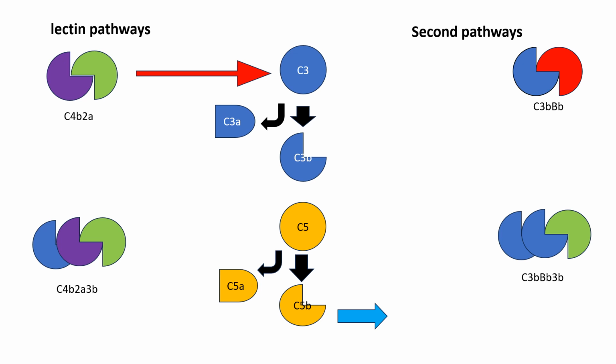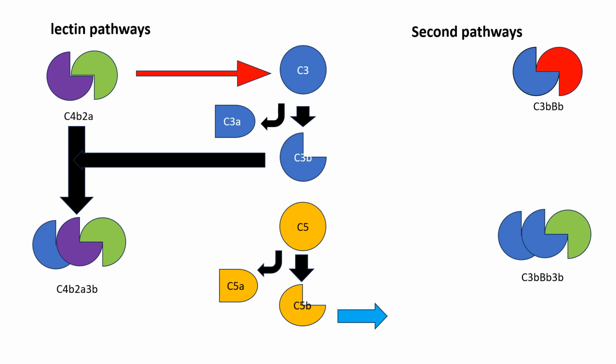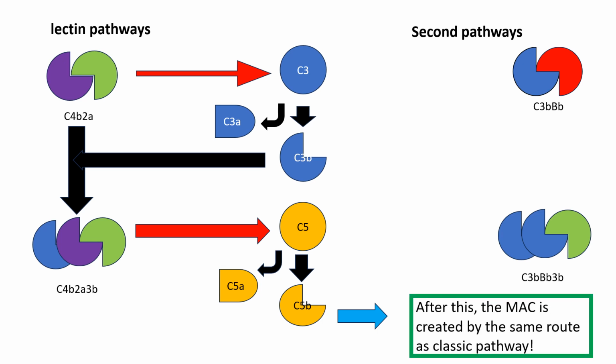C3b and C4b2a are combined and become C4b2a3b. It activates C5 and C5 differentiates to C5a and C5b. After this, the MAC is created by the same route as the classic pathway.